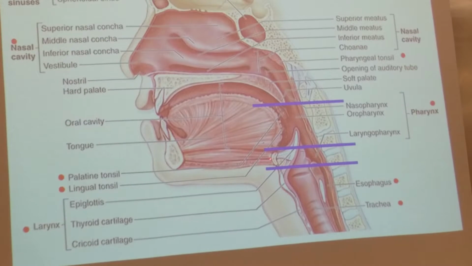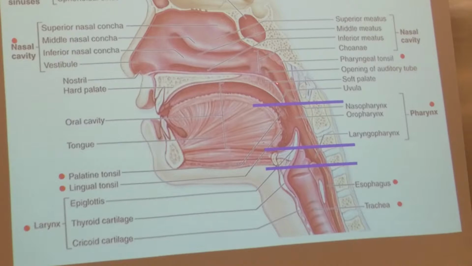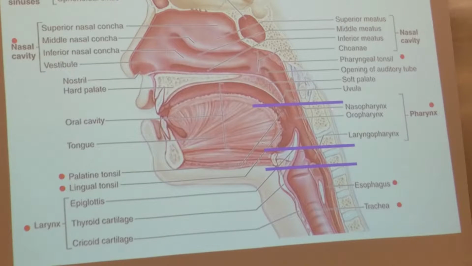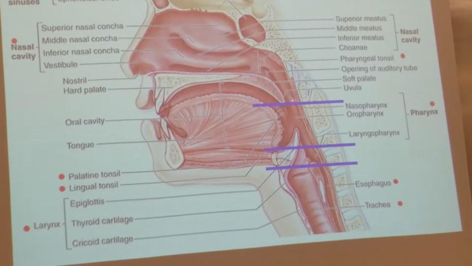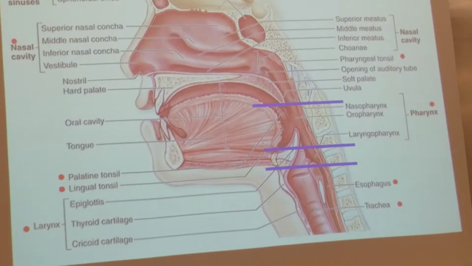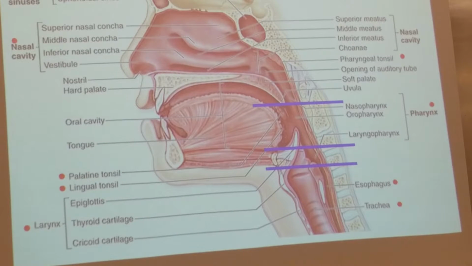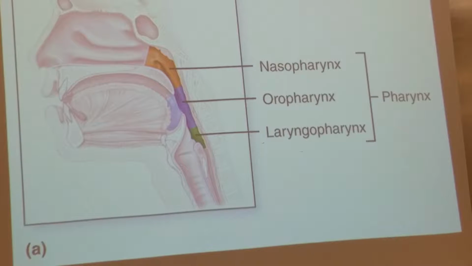So you want to figure out what you can use as the borders from naso to oro to laryngopharyngeal. Study this diagram and that one. Do you get an idea of where it starts and stops? The important thing for this one is this is your trachea, and that's your esophagus. So my laryngopharynx is at the opening to the esophagus and the trachea.